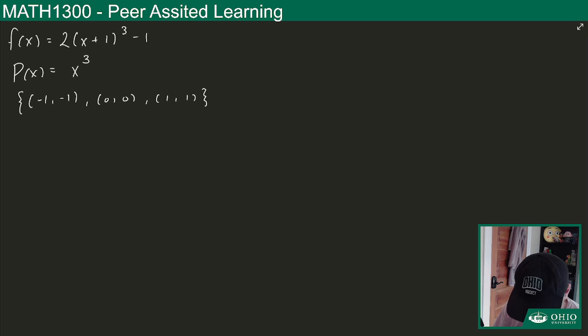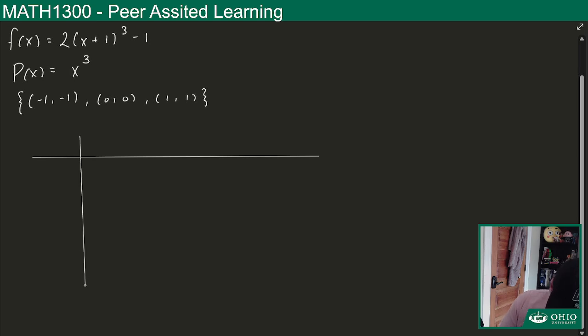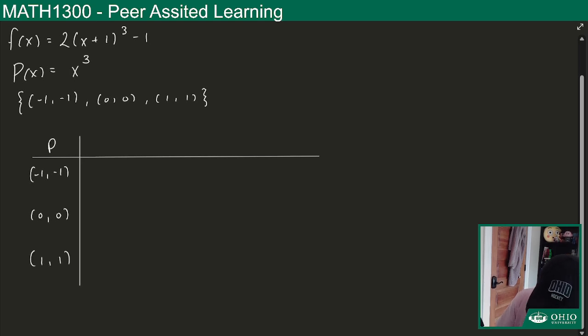So what we can do is make a table, and in this table we can write down our points. Here are my points P: (-1, -1), (0, 0), and (1, 1).